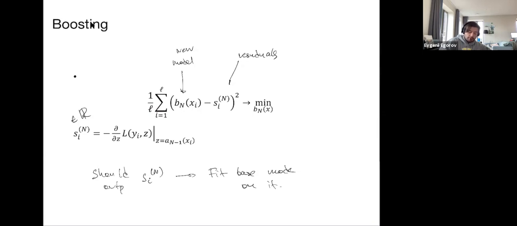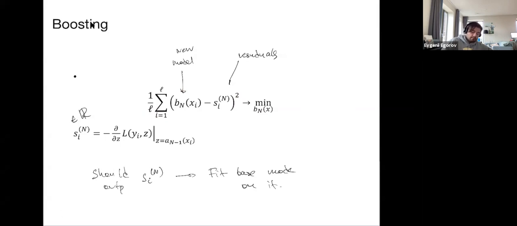And for regression, we could just do this. Of course, you could also modify the inner problems and say, okay, I would like to solve this regression problem not by optimizing squared loss, but absolute value or whatever.